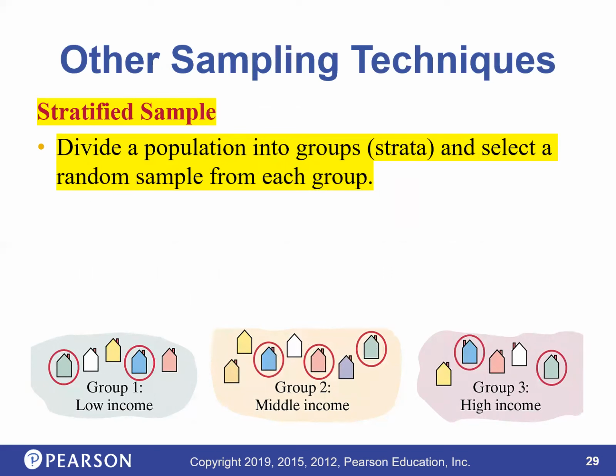So we divide our group into more groups. And then from there, what we do is we randomly select the person there.